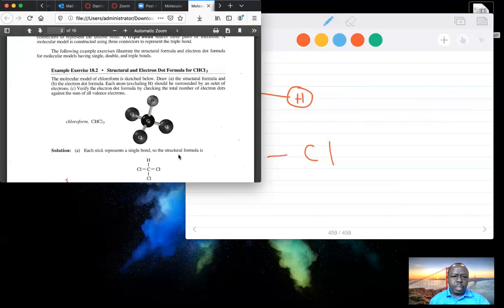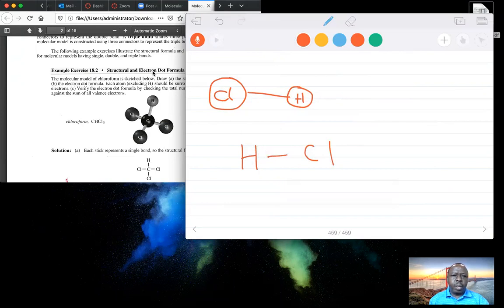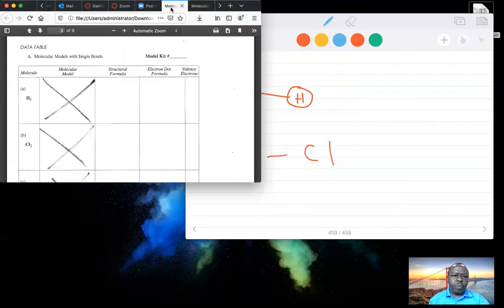This is how you represent structural. That is my structural. This is my molecular, but I don't expect you to do that. You don't have that. So the only way you can visualize is to give me the structural formula for your molecule. So you have to presume how this one will look.